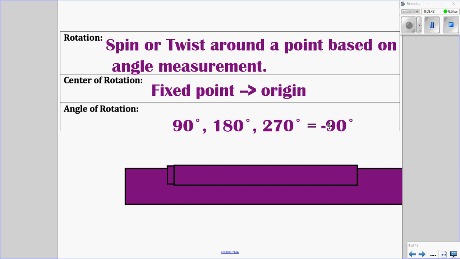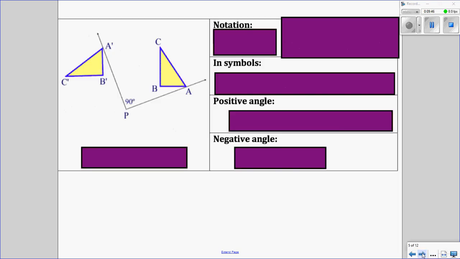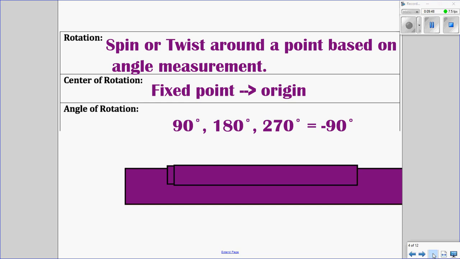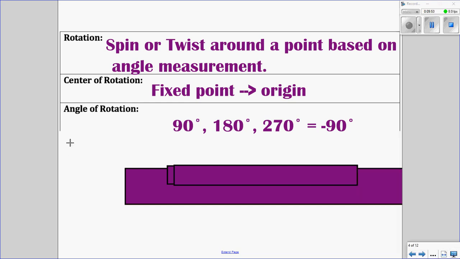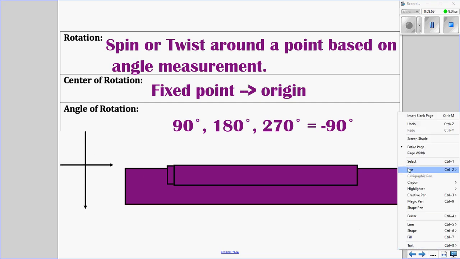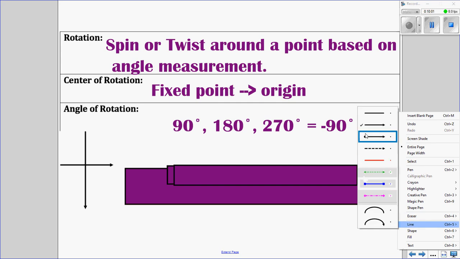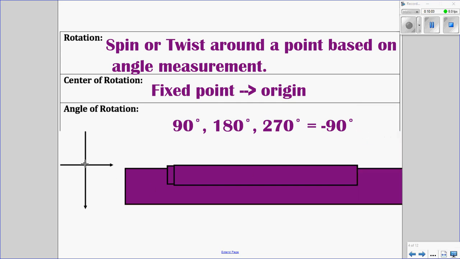So if you were to look at a graph, actually, I'm going to just draw, let's say this was a graph, and you had a line.